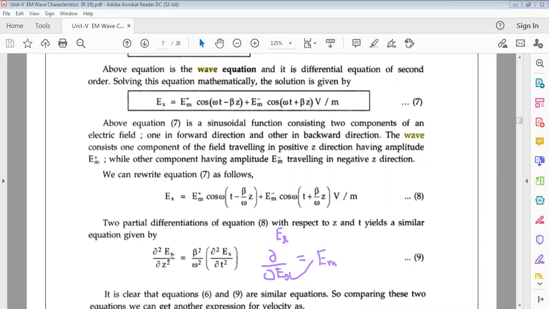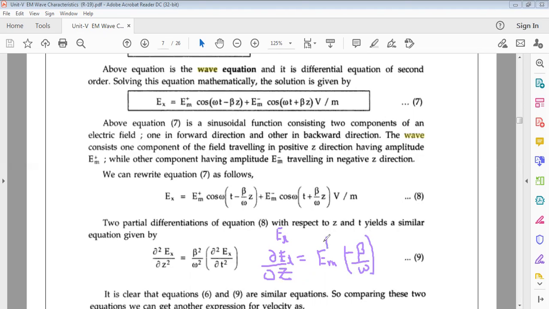And with respect to z we are applying here, dou Ex by dou z. With respect to z, the coefficient of z is beta by omega. Okay, one time you will get the minus beta by omega.